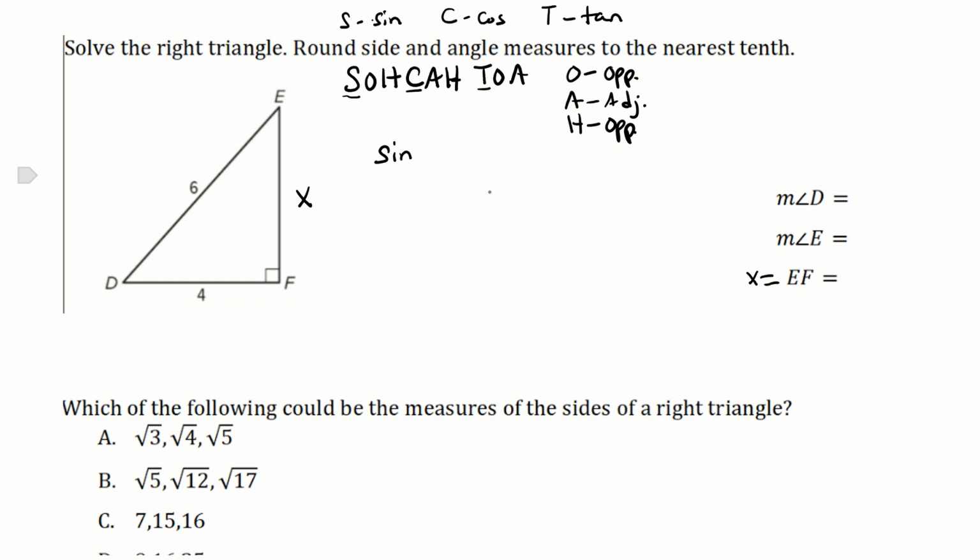Sine of an angle, you have to provide an angle, is equal to opposite over hypotenuse, so O over H.